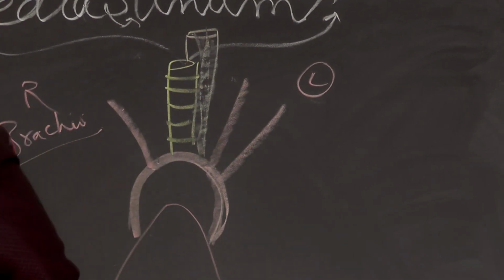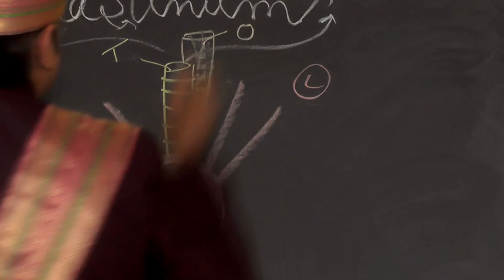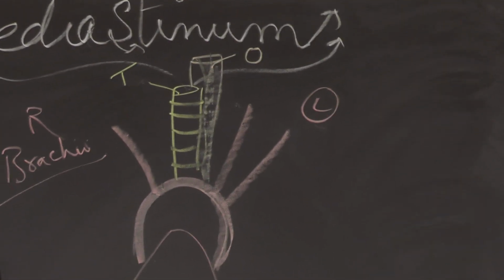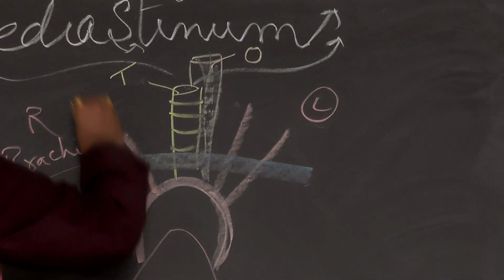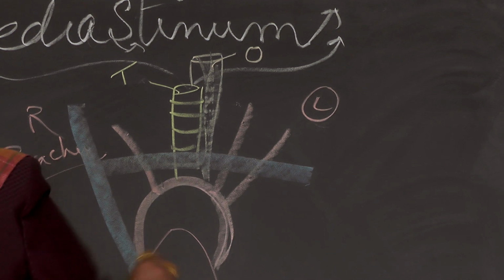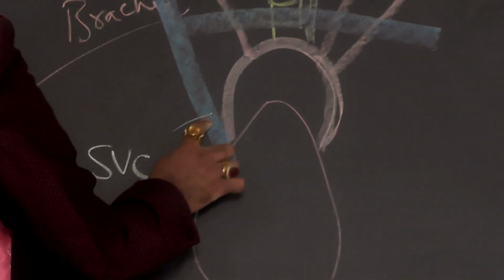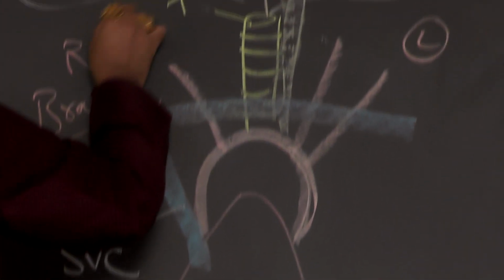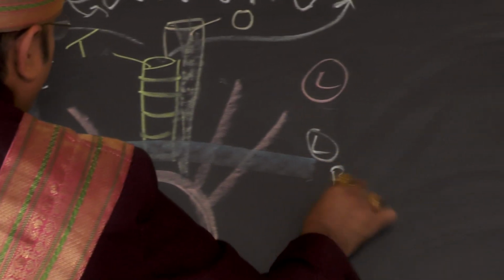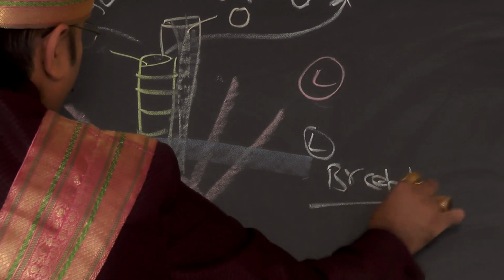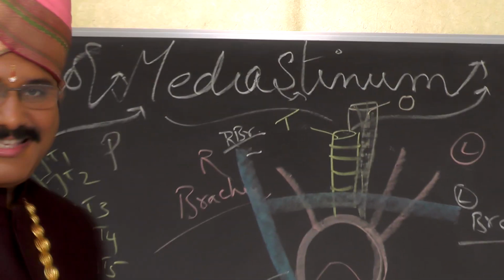And we have the veins: the left brachiocephalic vein, the right brachiocephalic vein, and here we have the superior vena cava. These two unite to form the superior vena cava. Now this is the right side.